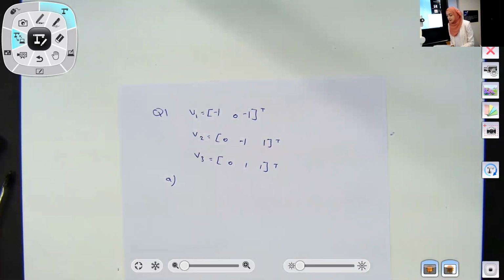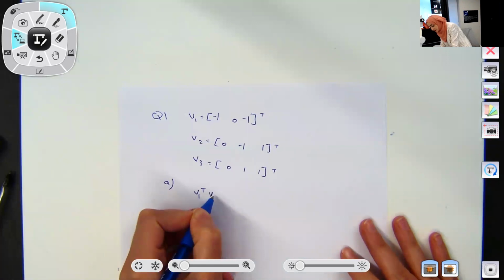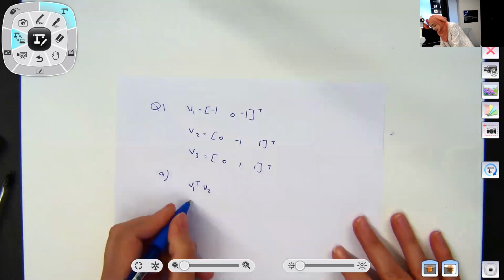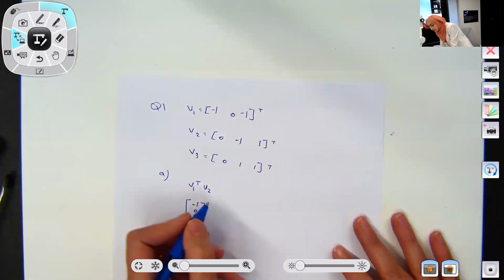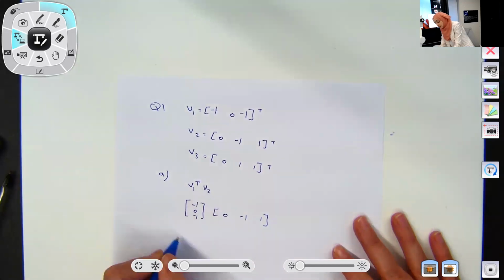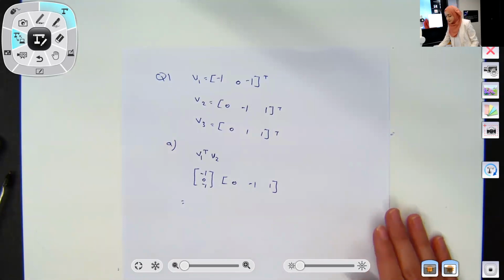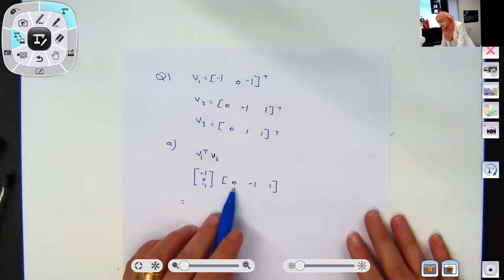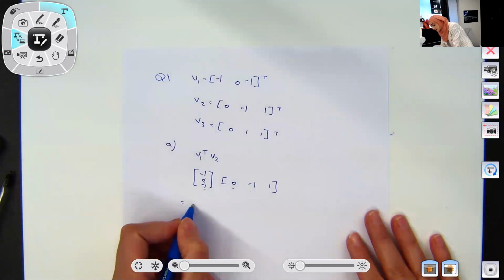Let's try to find the inner product between v1 transpose times v2. v1 transpose is -1, 0, and -1, multiplied with 0, -1, and 1. -1 times 0 is 0. 0 times -1 also is 0. -1 times 1 equals -1.